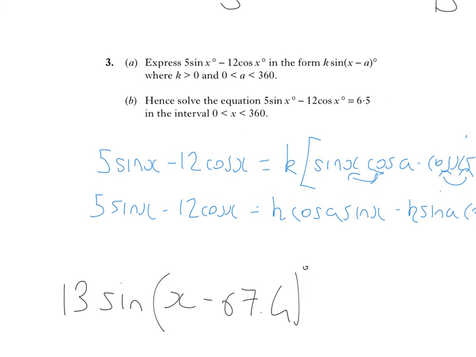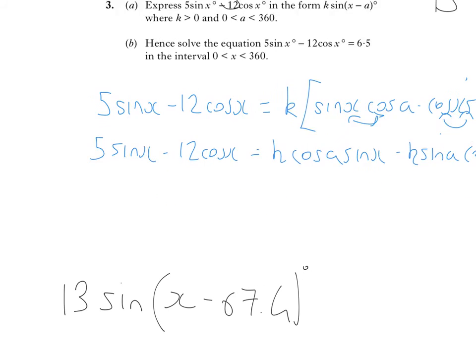So hence means I now use the fact that I've written that as one trigonometric expression, 13 sin (x minus 67.4), and I make that equal to 6.5.